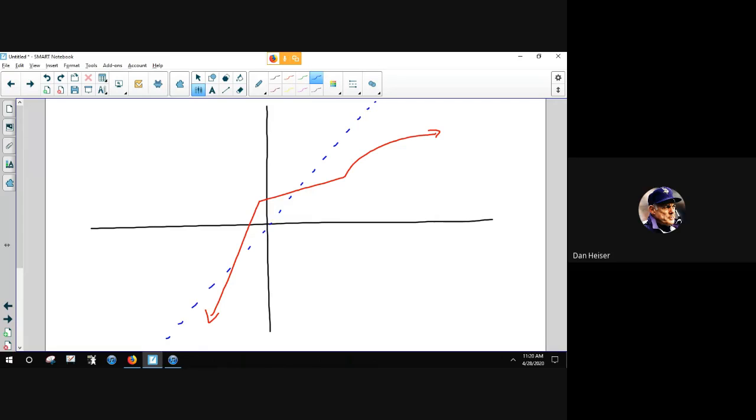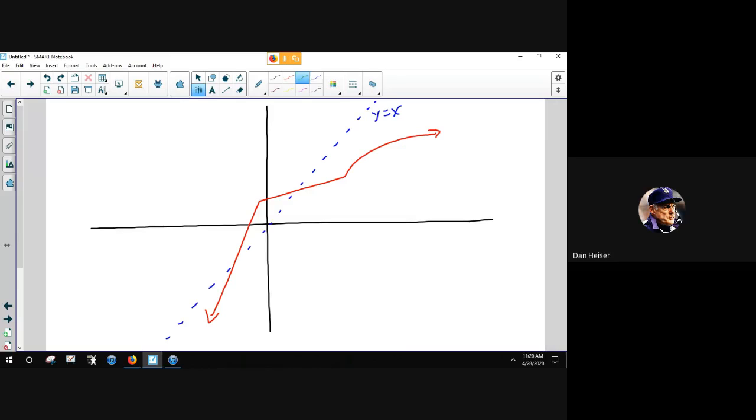Here I have a blue dashed line. This is the line y equals x. I also have this red function that's graphed. And you can see that it's one-to-one. It passes the vertical line test so that it's a function.